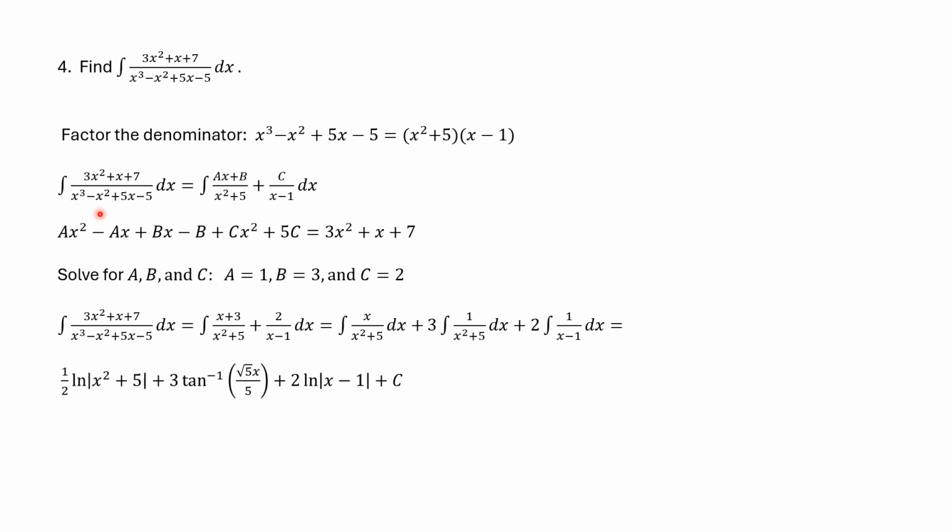Okay, so now we got a square term in the denominator. So we're going to need two constants, ax plus b over the x squared plus 5 plus c over x minus 1. So we find a, b, and c in this case because we're going to have three equations and three unknowns.